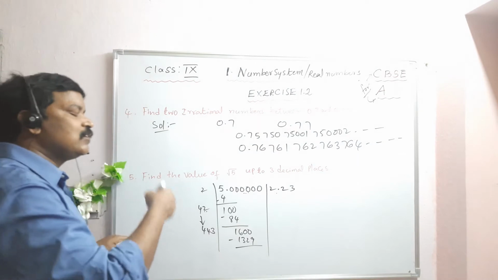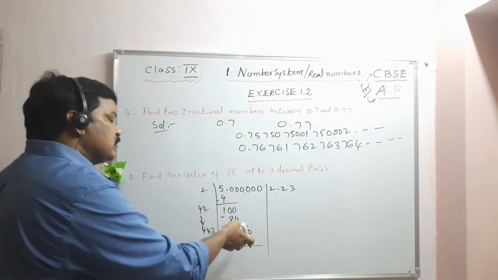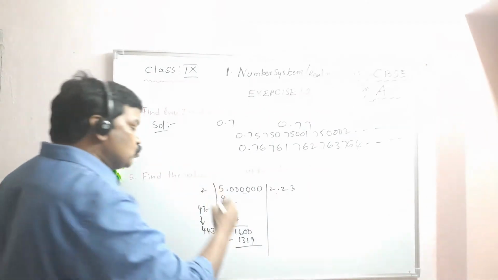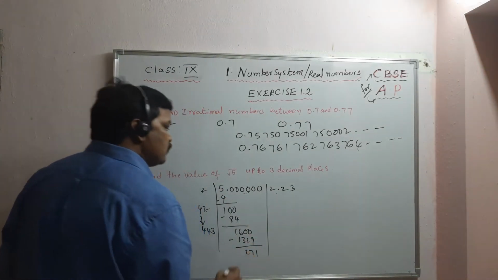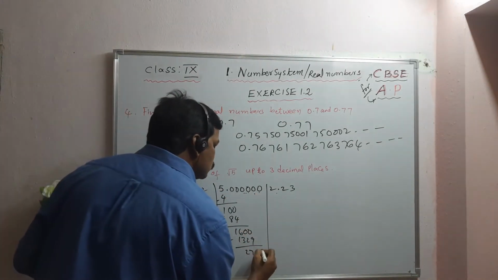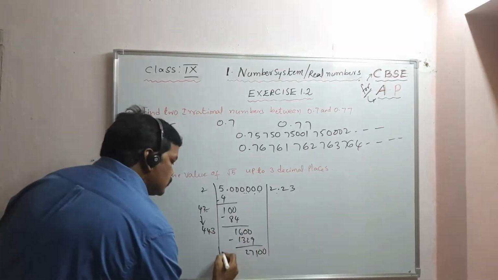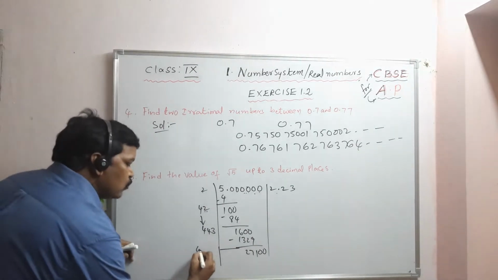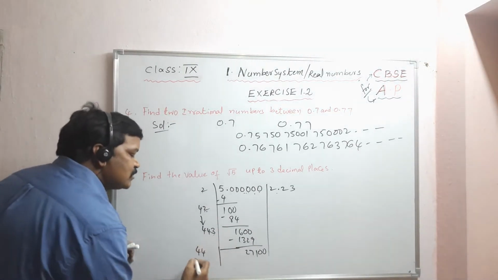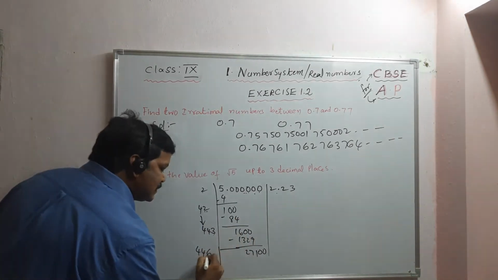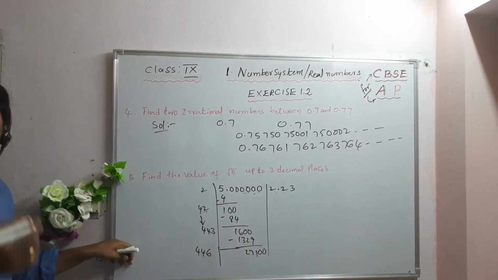Now again subtract. That 1329 should be subtracted from 1600. So that value is 271. Drop 2 more zeros. 27100. Next, same process. How? 4, 4. This last digit must be doubled, or 3 plus 3, that is 6. 446.